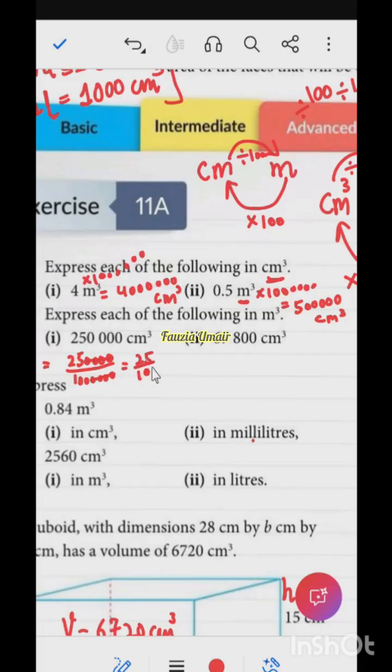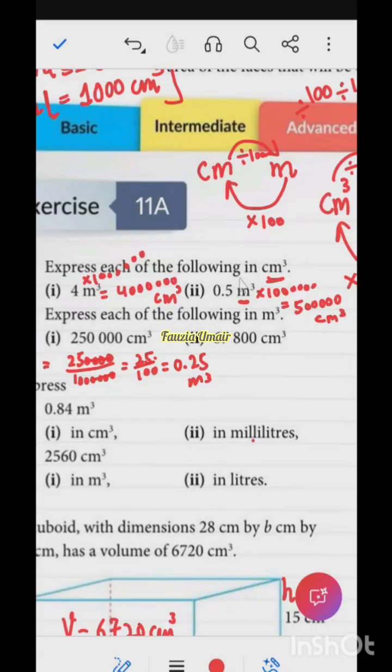What is 25 by 100? 0.25. The decimal will go back two positions because it is divided by 100. So it will be 0.25 meter cube.